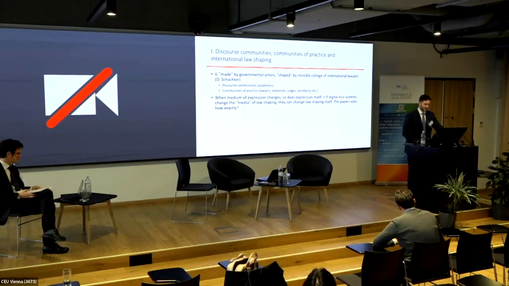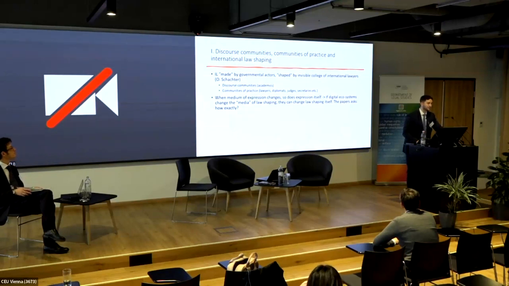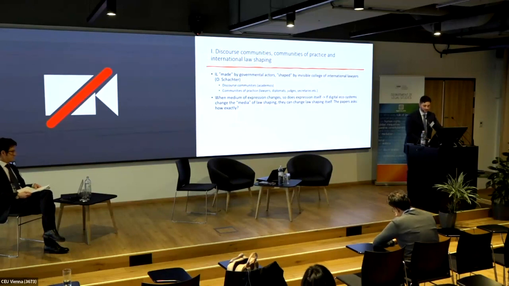The basic motivation for my paper is the very self-evident proposition that when the medium of expression changes, so does expression itself. The afterthought that I derived from that is that if digital ecosystems change the media of law shaping, then they can change law shaping itself. So the paper asks, how exactly does this happen? How is it that digital ecosystems are actually changing international law shaping? It asks the question and it tries to answer it.